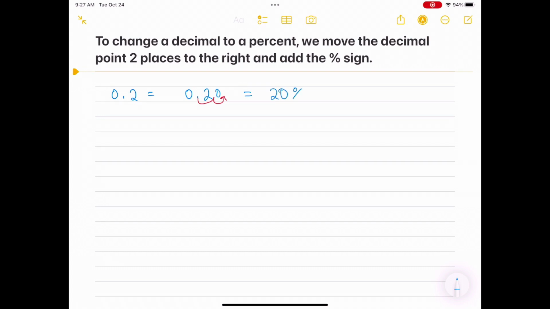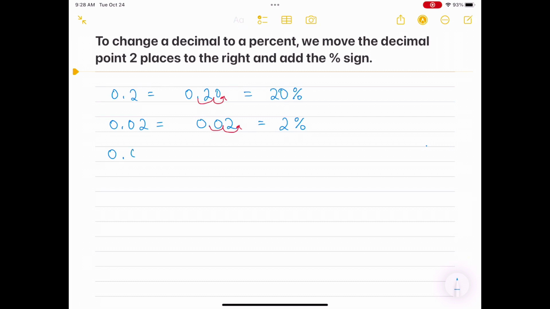So we have 20%. The decimal 2/100ths, or 0.02, written as a percent, we start with the number 0.02 and move that decimal point 2 places to the right, giving us 2%.